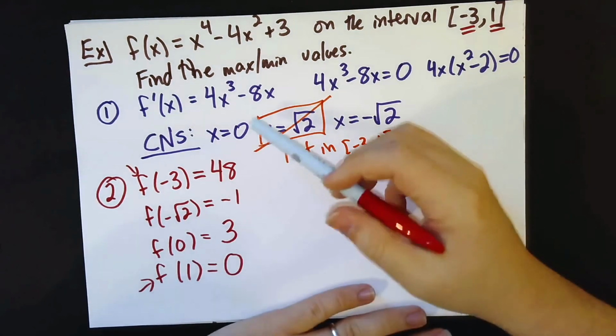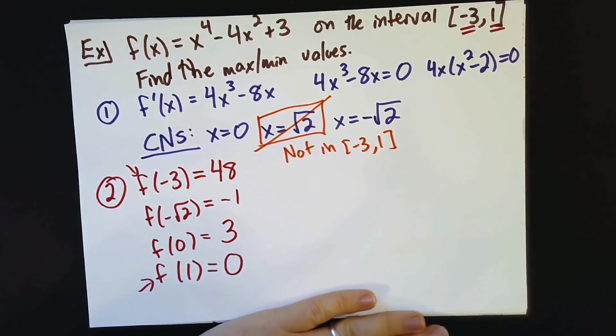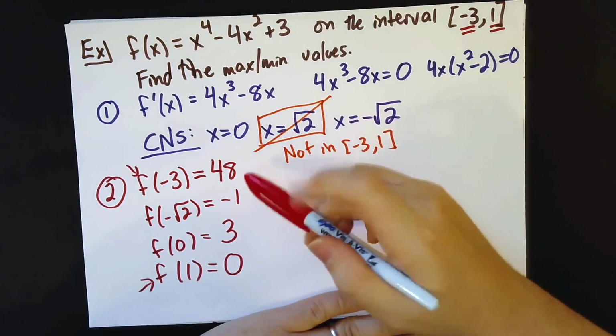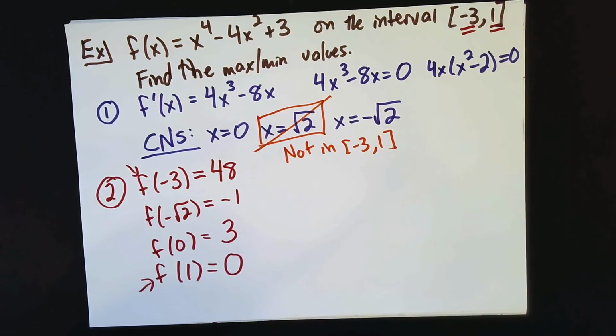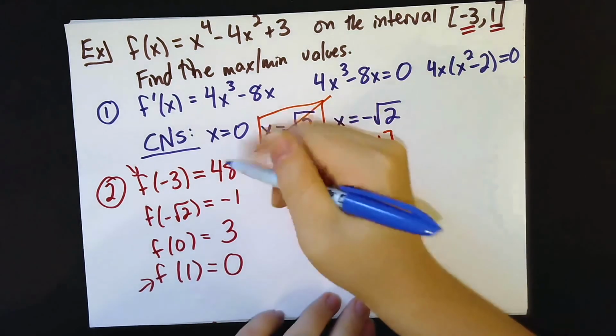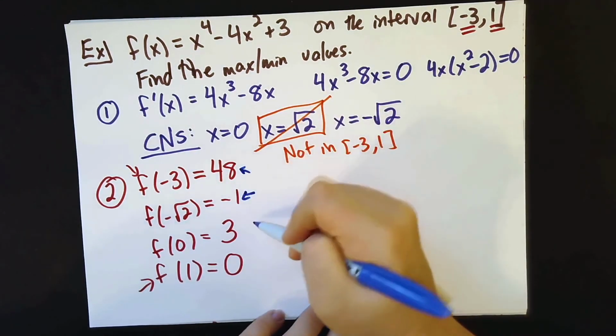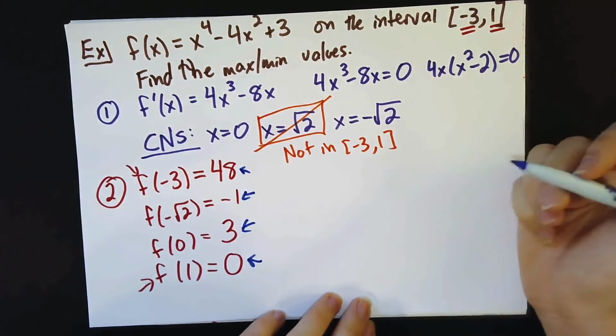Okay, so filling in our values of the function at these points, we find that f of minus 3 is 48, f of minus root 2 is minus 1, f of 0 is 3, and f of 1 is 0. And now we're ready to wrap up this example, so we just have to look at each of these and identify the biggest and the smallest.